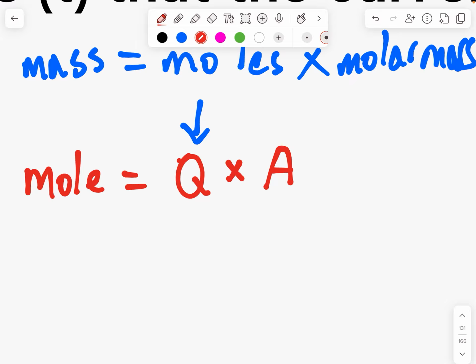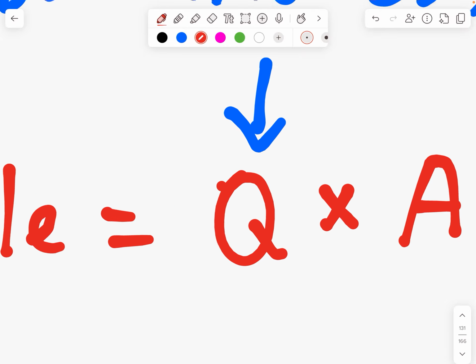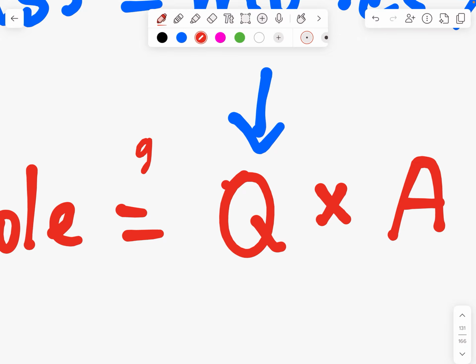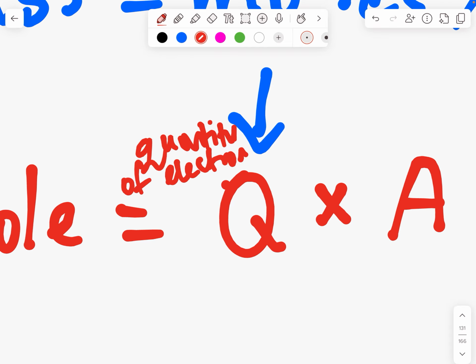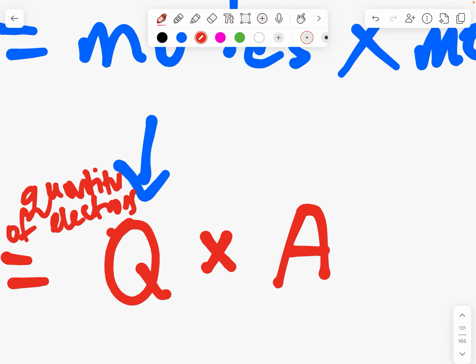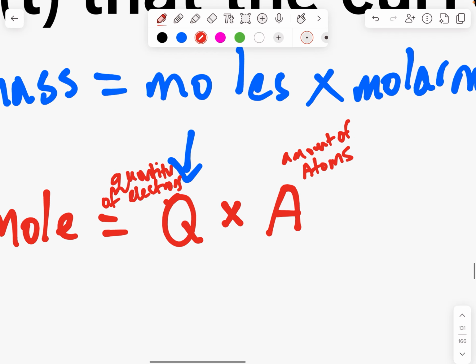So mole is equal to Q times A, where Q represents the quantity of electricity, A represents the amount of atoms, so A for atoms, so QA, right?